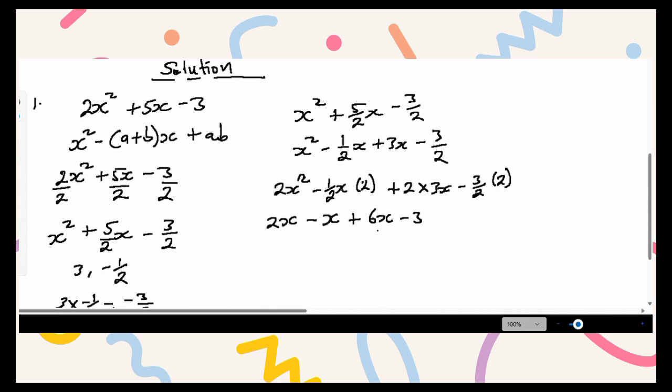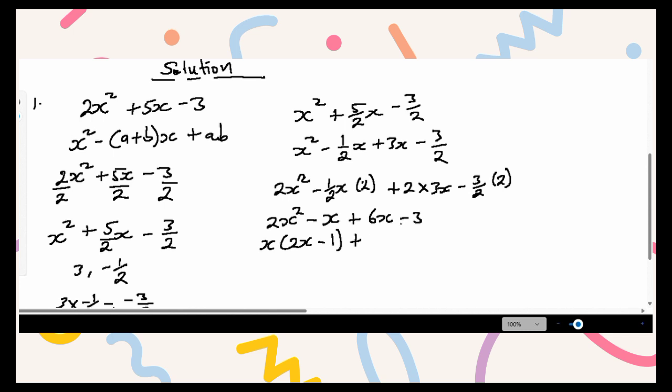From this we have 4 terms, and considering the first 2 terms, I can factorize x out because there is x in both terms. So when x is factorized out, the first term we're going to be left with is 2x, then the next term we're going to have minus 1.